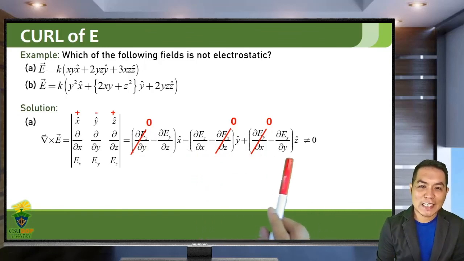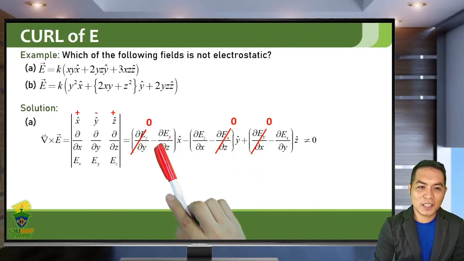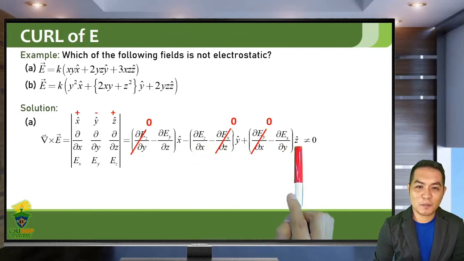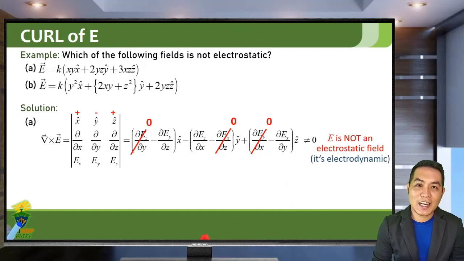So obviously this is not equal to 0. Why? Because the x component is non-zero, the y component is non-zero, and the z component is non-zero. Therefore this field is not an electrostatic field. If it's not an electrostatic field, then it's an electrodynamic field. It changes with time.